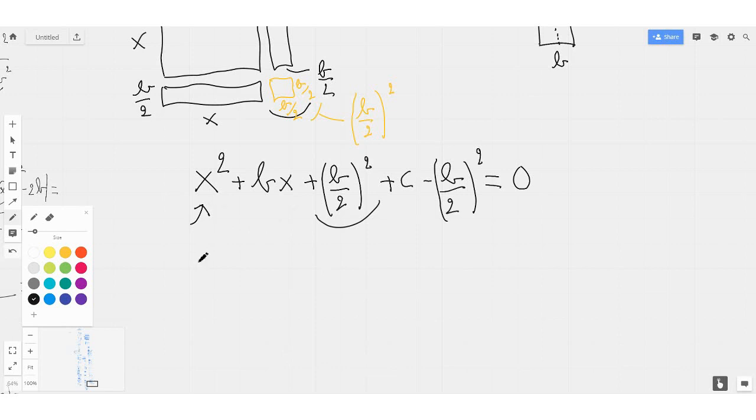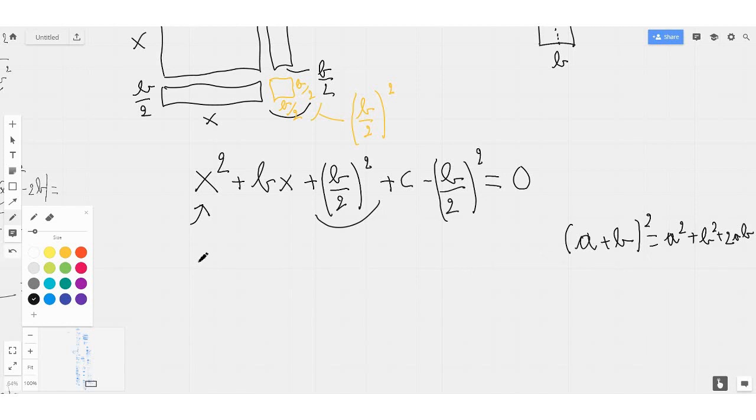So we have x squared plus bx plus b over 2 squared. But don't forget that we have something like this, a plus b squared, that's equal to what? a squared plus b squared plus 2 times a b.